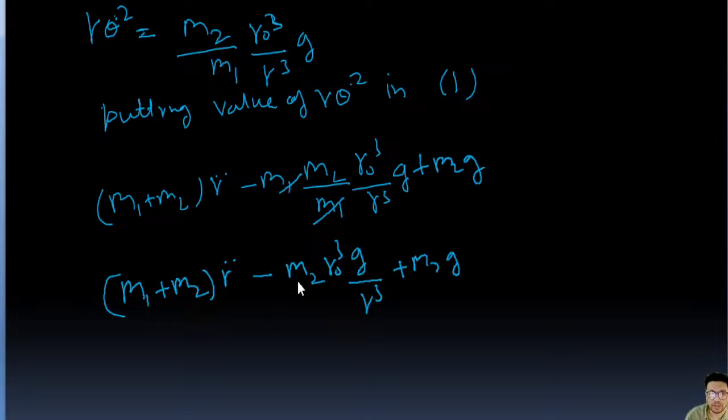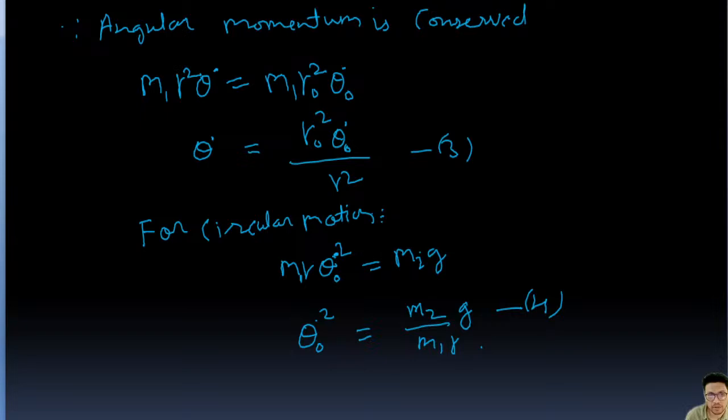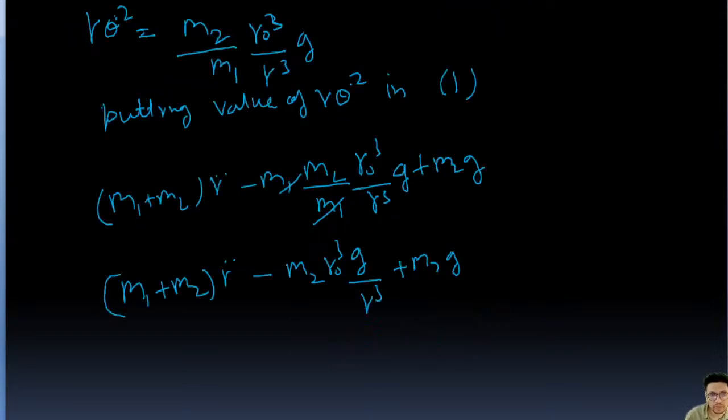This is the equation. Now because in the question, we can see when a small radial displacement epsilon is applied, here we can write r equal to r naught plus epsilon.